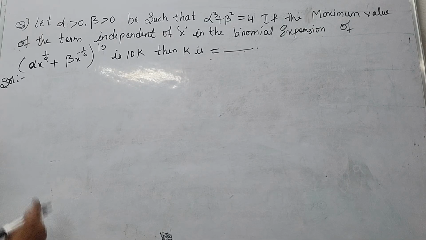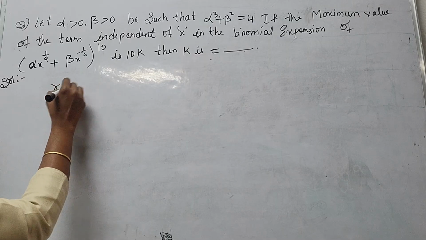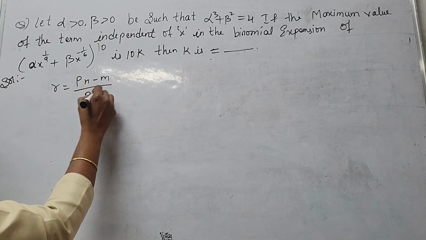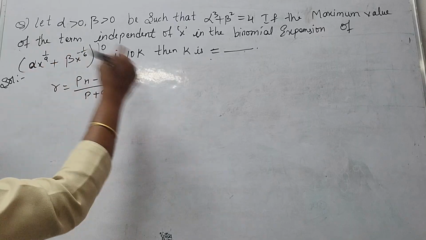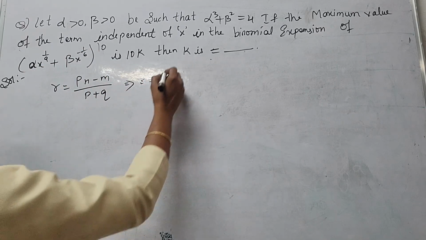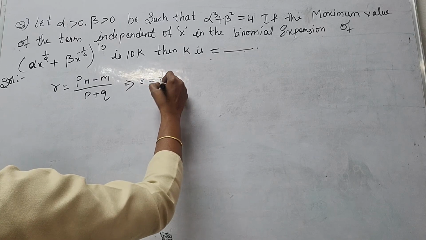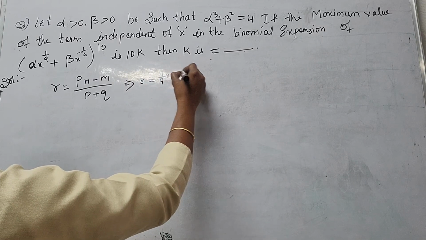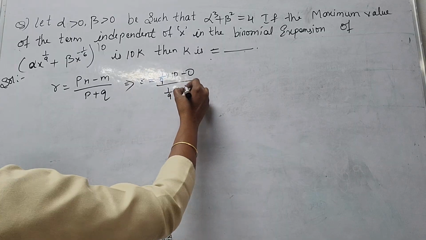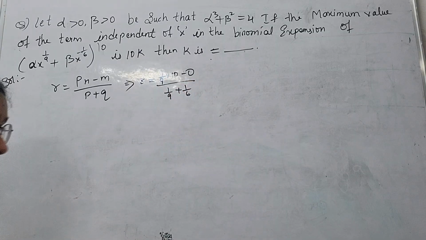So we know the formula for finding the r value, that is (pn minus m) by (p plus q), right? We will substitute those things in this. r is equal to, p is 1 by 9, so 1 by 9 into 10 minus 0, by 1 by 9 plus 1 by 6, because it's in the denominator, it will come like that.